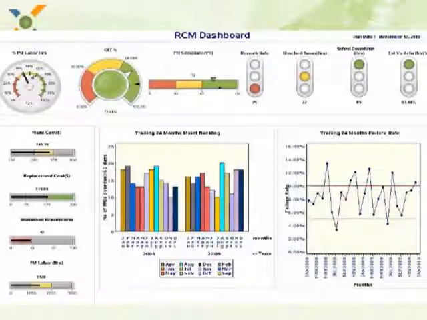Most of these tools are capable of building these types of dashboards. And of course these dashboards can be linked to the actual detailed reports as well. So you can click on any one of these objects and probably go to the detailed report if you have configured it like that.